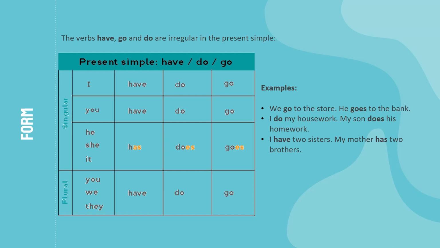Examples: we go to the store. We is a plural subject. The verb go. He is a singular subject. So go becomes goes.